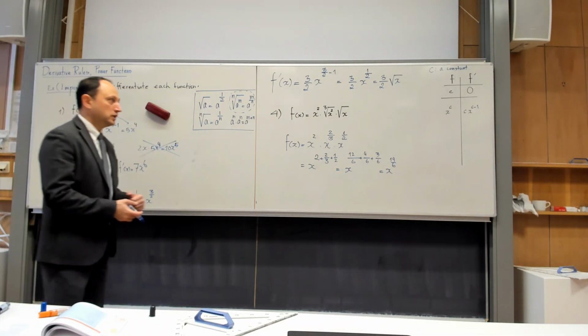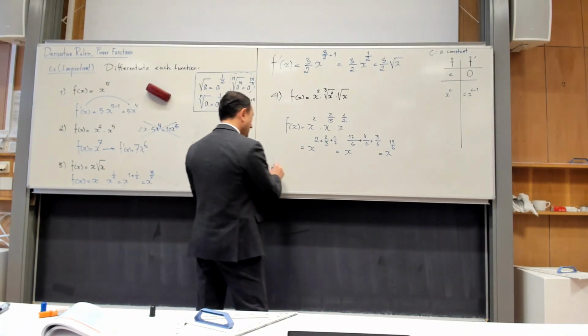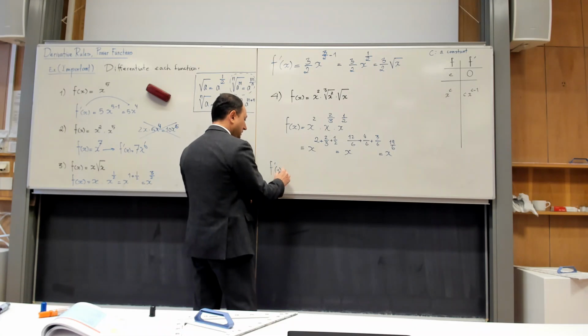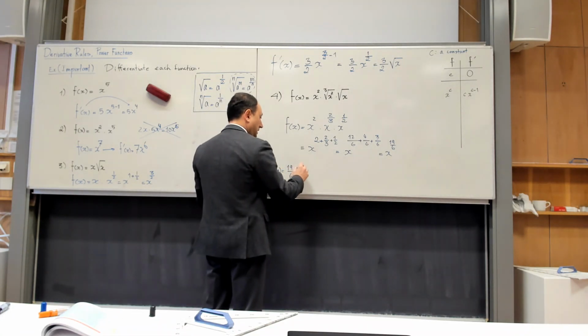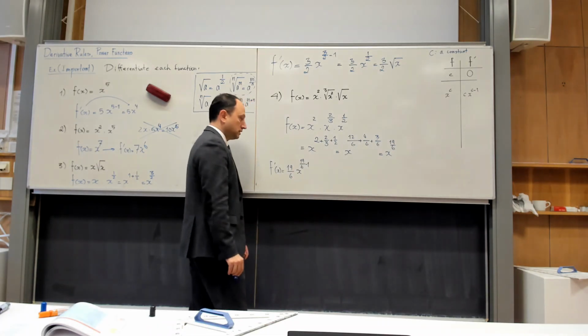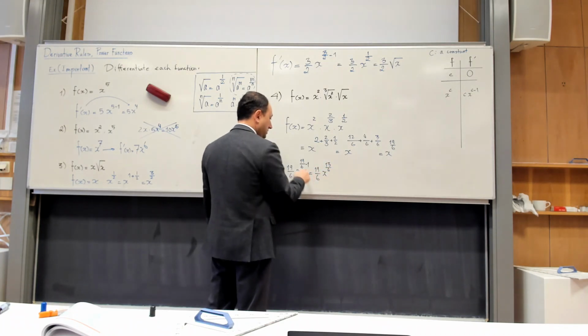Yes. C is played by this 19 over 6. So f prime of x is equal to 19 over 6 goes down, and then I will have x to the power of 19 over 6, 1 unit less. So then it becomes 19 over 6, x to the power of 13 over 6, because 1 is 6 over 6.